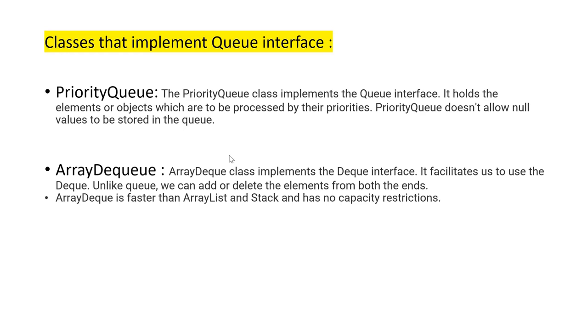It does not allow null values to be stored in the queue. ArrayDeque implements the Deque interface, and this Deque interface extends the Queue interface. So ArrayDeque follows a double-sided queue strategy. It allows us to add or delete items from both ends.